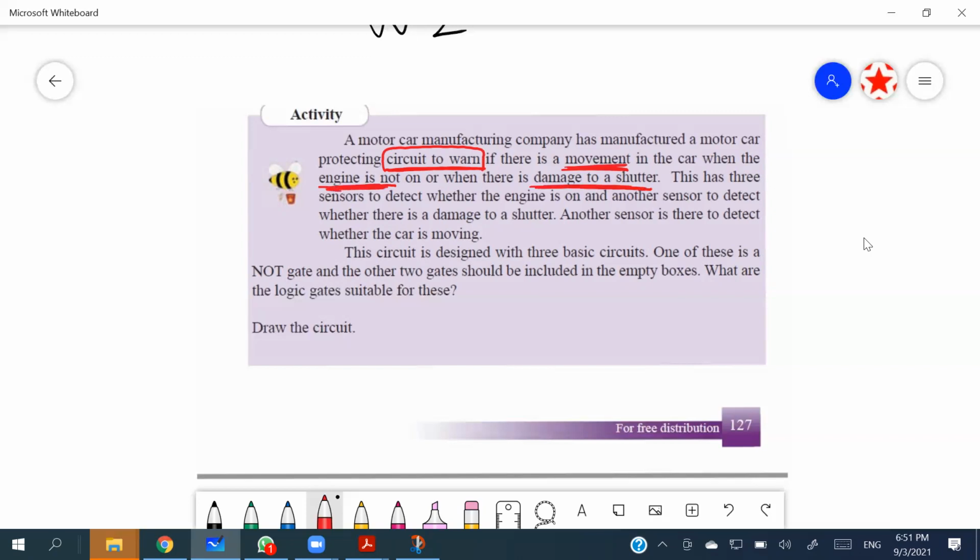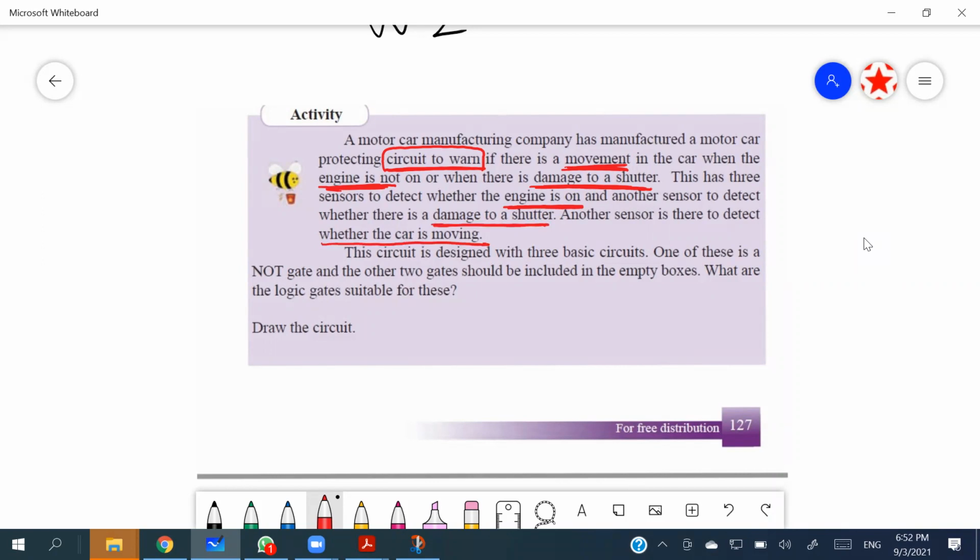And these 3 things are going to control that output, right? And it says this has 3 sensors. Now that is the tricky part. The sensor considers whether the engine is on, another sensor detects when there is a damage to a shutter, and another sensor detects whether the car is moving, right?